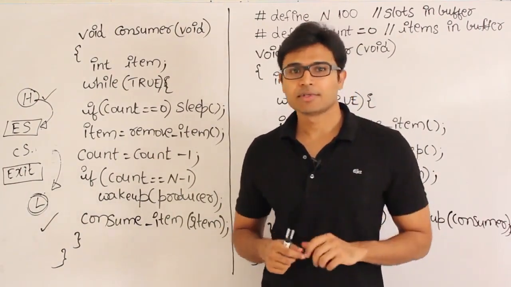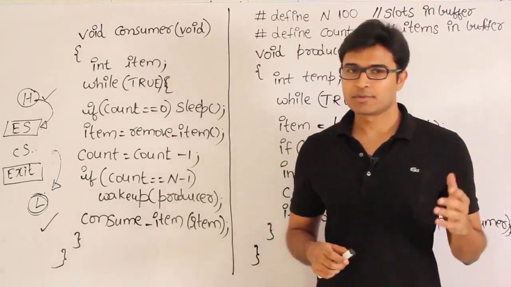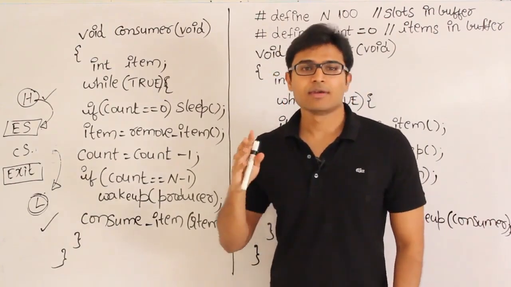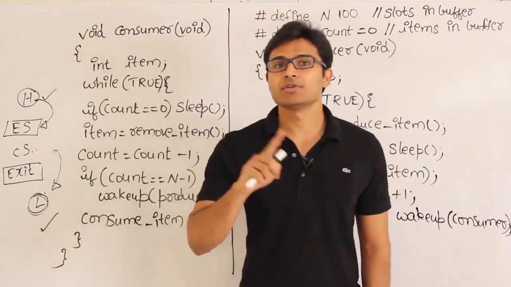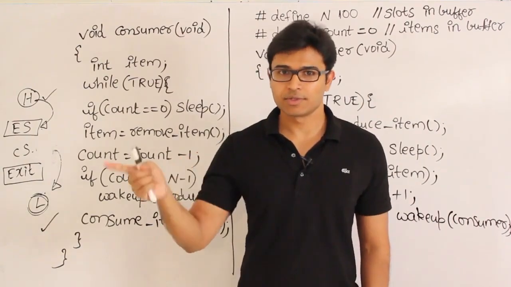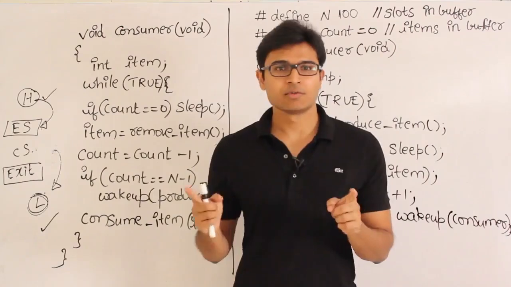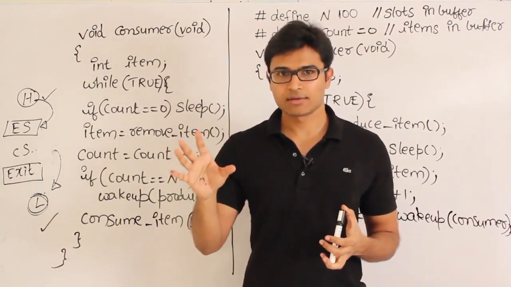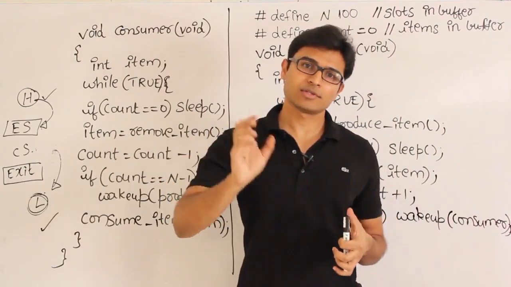And now let me tell you how this consumer and producer problem works. If there are two processes in which one process is producing something and another process is consuming that, then it is generally called the producer consumer problem, which means one process will write something as the output, and the other process is going to read what the first process has written.